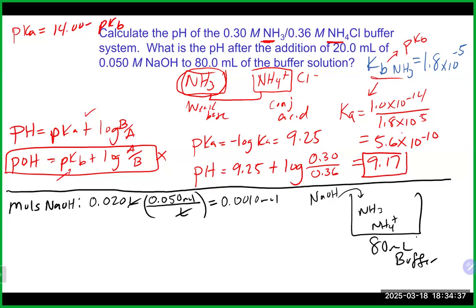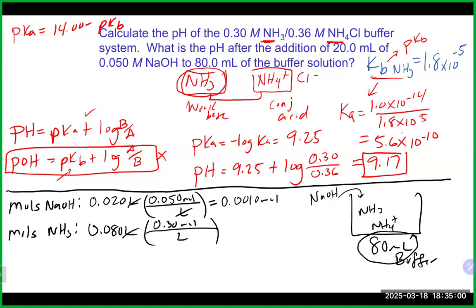We'll do it for our buffer. Sometimes people are confused, but the 80 milliliters is both of those things together. That is the volume for both parts of the buffer because they're all together in the same beaker. So the moles of the NH3 would be 0.08 liters times the molarity of the NH3, which is 0.3 moles per liter. Again, the liters would cancel, and that's going to get me 0.08 times 0.3, 0.024 moles.